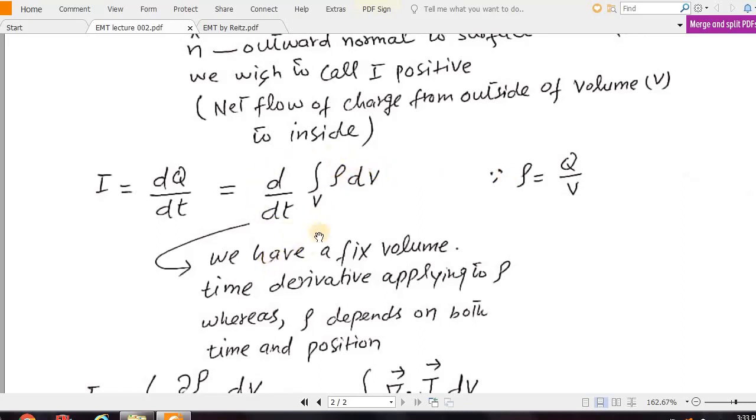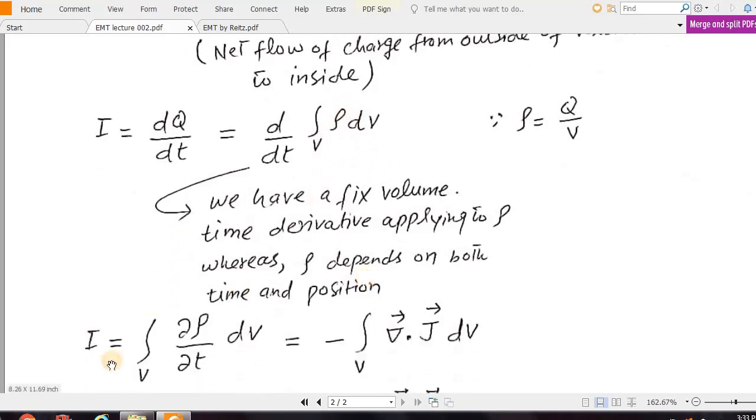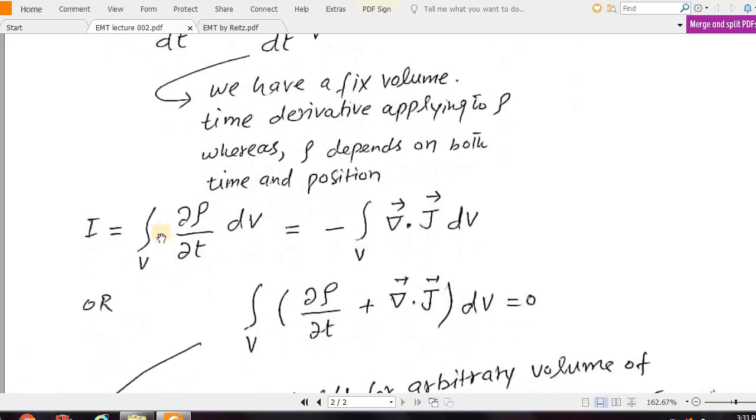Here in this equation we have a fixed volume, and this time derivative d over dt is applied on the charge density rho, which depends both on time as well as on position. So this equation will be modified as the integration over the volume V of partial rho over partial t into dV.